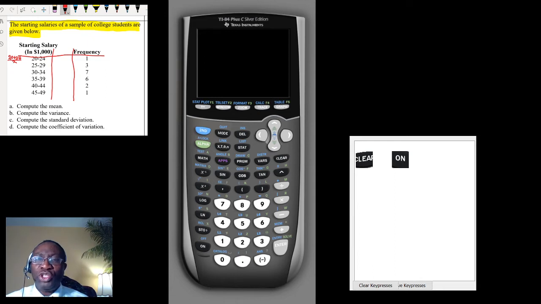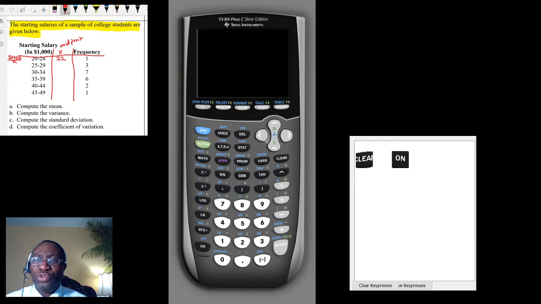Now 20 plus 24 will give us 44. You divide by 2. So then we could say x, which is the midpoint, will be 22.